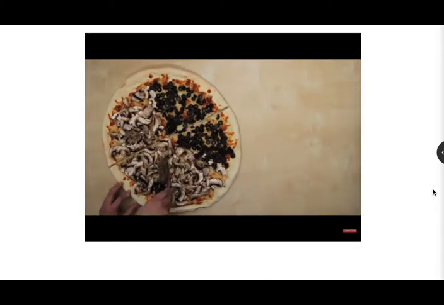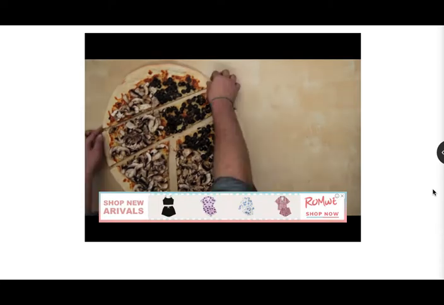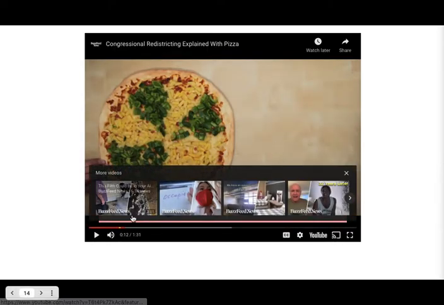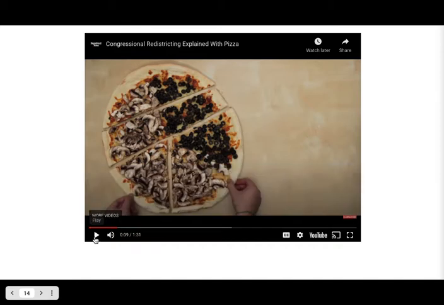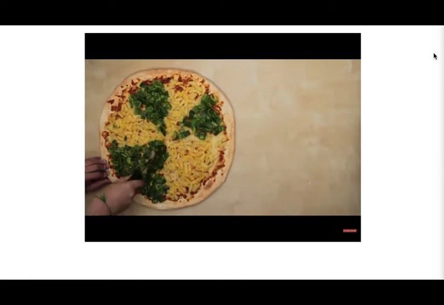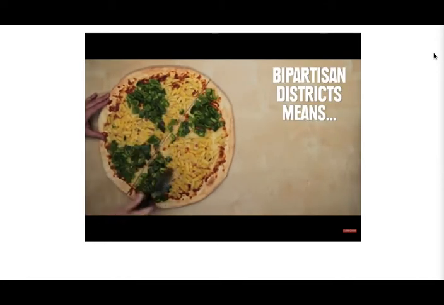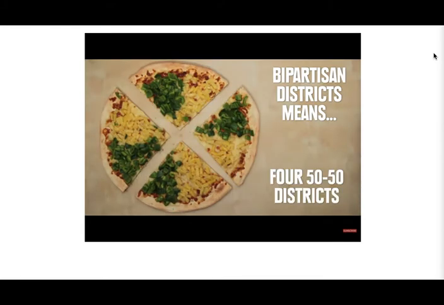Redistricting is how states change the boundaries for areas that vote for each of their congressional seats in the House of Representatives. Also, what crazy person would cut a pizza like that? My goodness. Anyway. Congressional seats in the House of Representatives. In some states, the process is done by a bipartisan committee to make sure that each slice has an even number of pepper voters and pineapple voters.